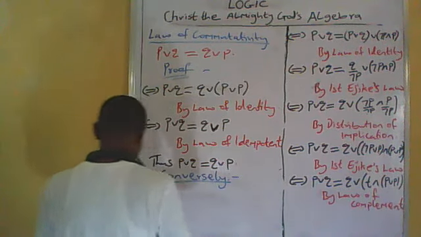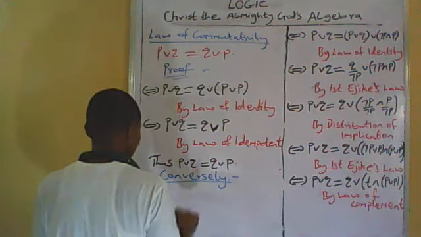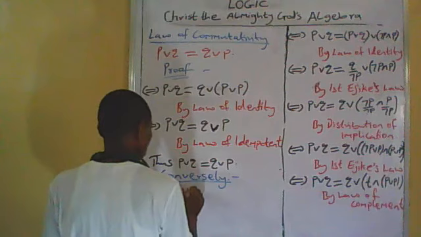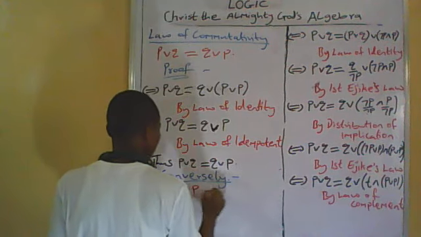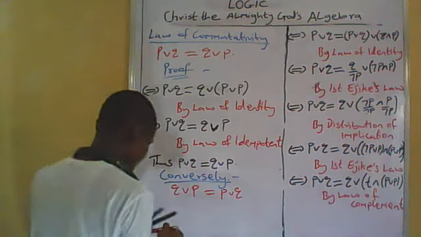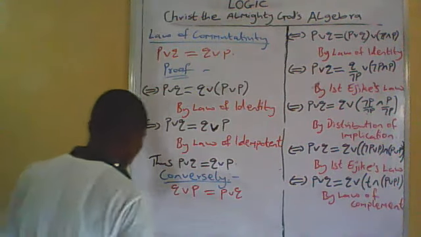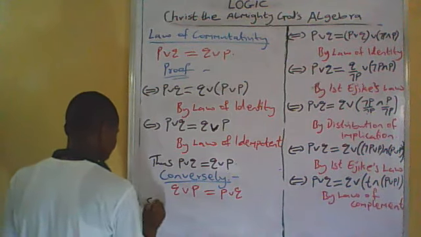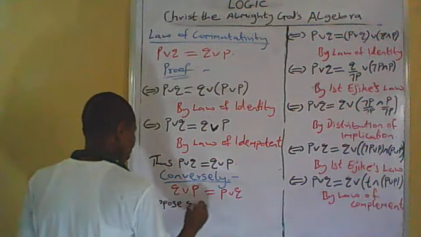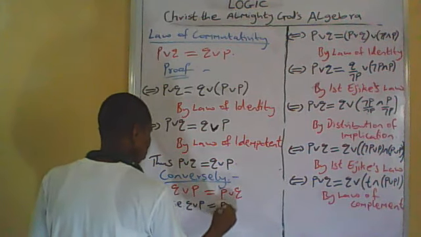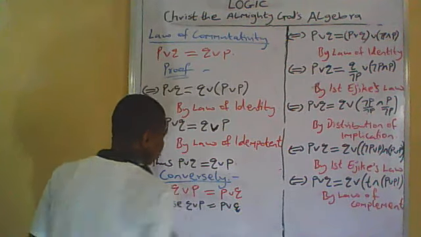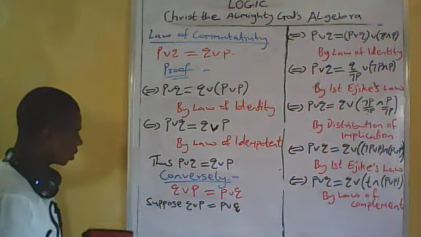Conversely, Q or P is equal to P or Q. So suppose Q or P is equal to P or Q. We assume that this is true.